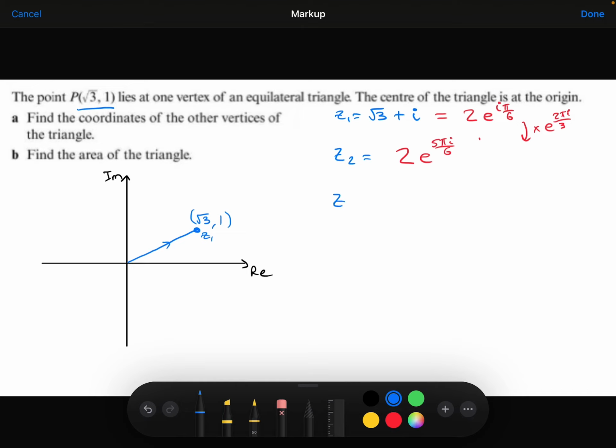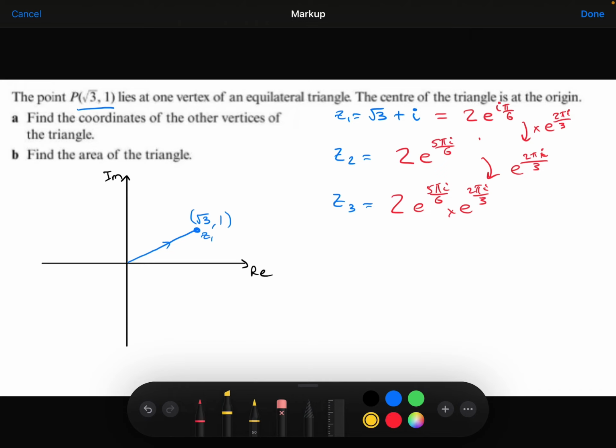And then to get the third root, again, we're going to multiply our previous one by e to the 2 pi i over 3. The modulus will stay the same. e to the 5 pi i over 6 times e to the 2 pi i over 3.